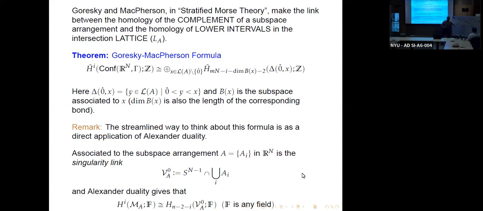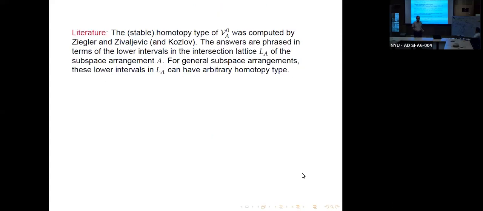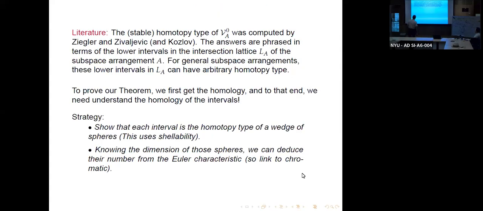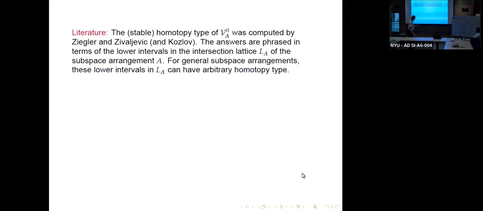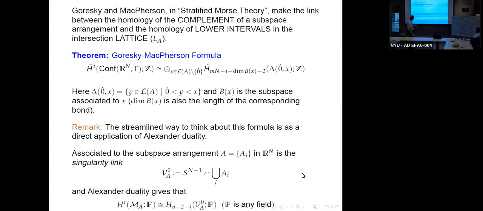So you look at all the intervals and you take the homology of those. Are these A1, A2 all codimension 1 in Rn? No, they're subspace arrangements, in fact, of codimension n in this case. But they all have the same dimension.